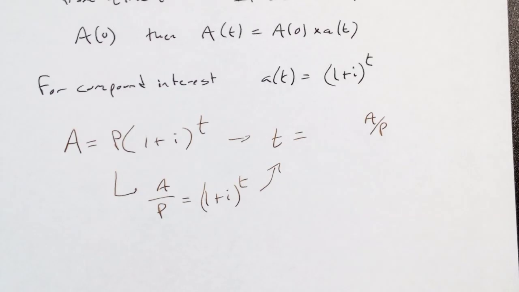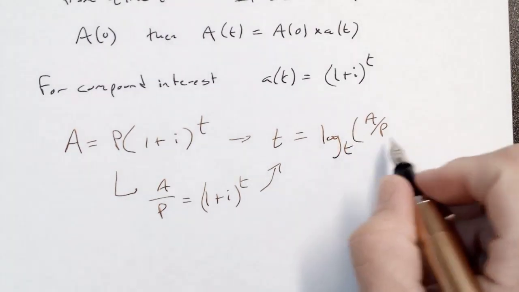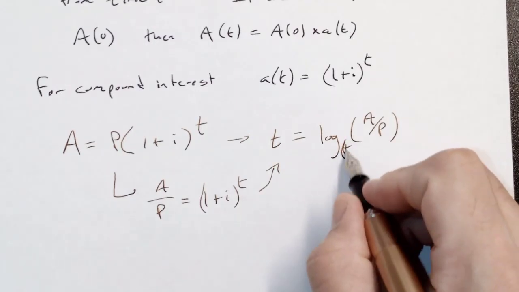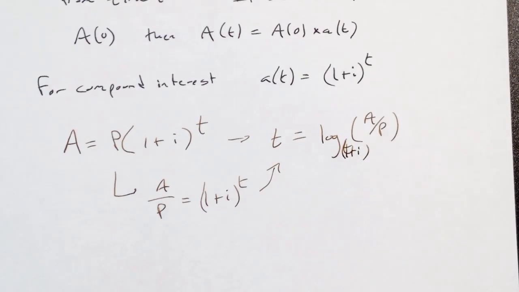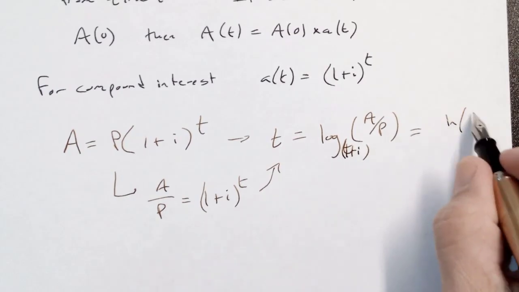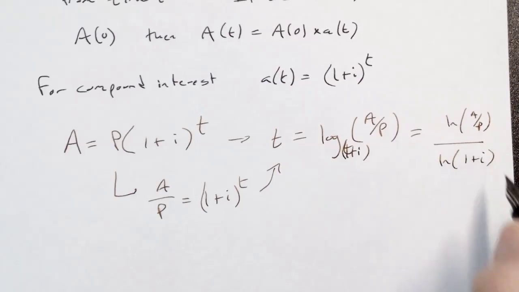How do we get something out of an exponent? I need a logarithm. So I really need the log base 1 plus I. This is the base, but that's horrible. So we do ln of A over P over ln of 1 plus I.